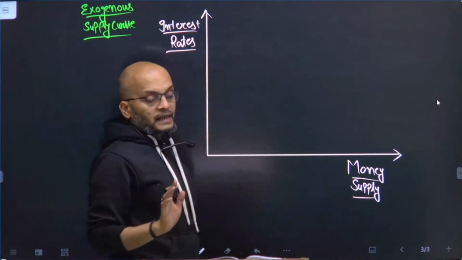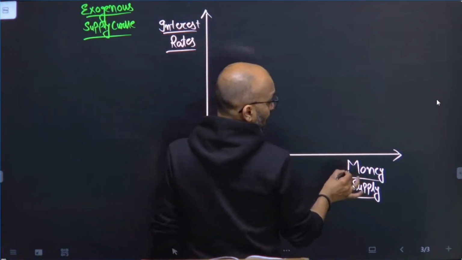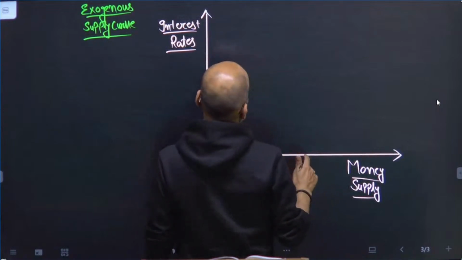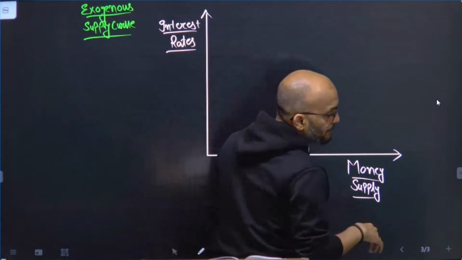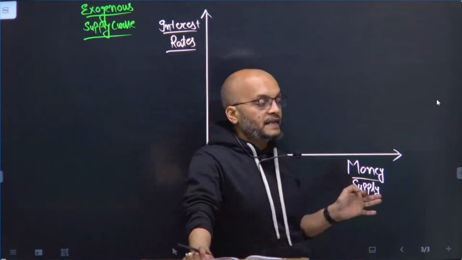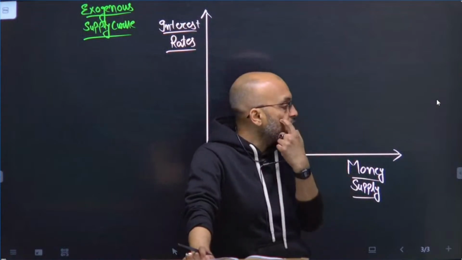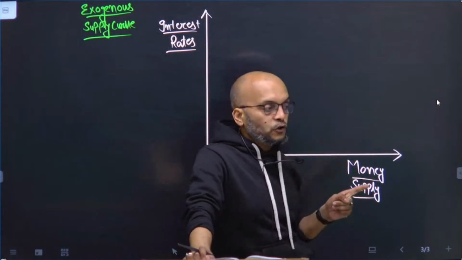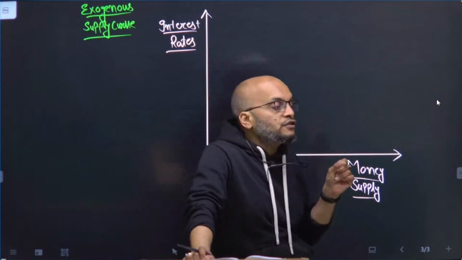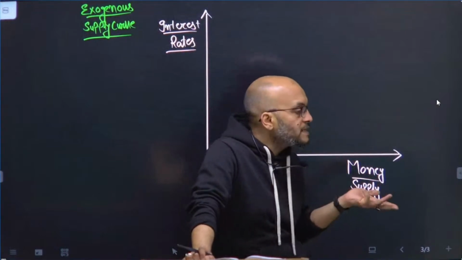So now the thing is that money supply is not dependent. Pay attention. Money supply is not dependent on ED and CD, or you can say that interest rate is not affecting ED or CD. If interest rate is not affecting ED or CD, that means interest rate is not affecting the money supply.